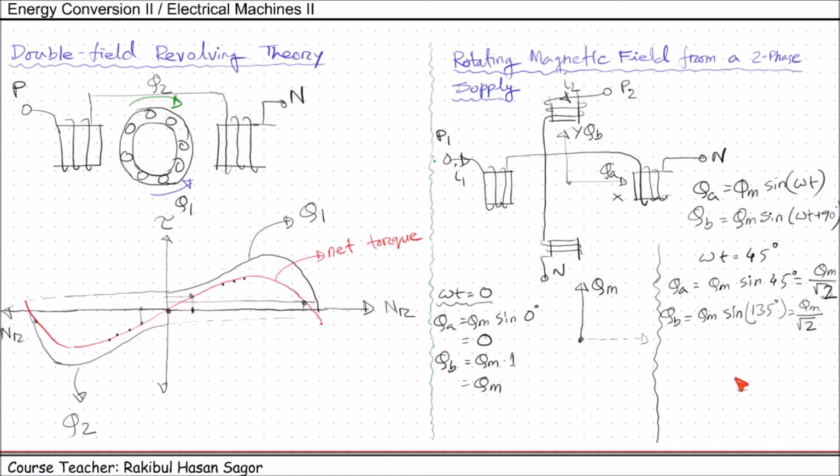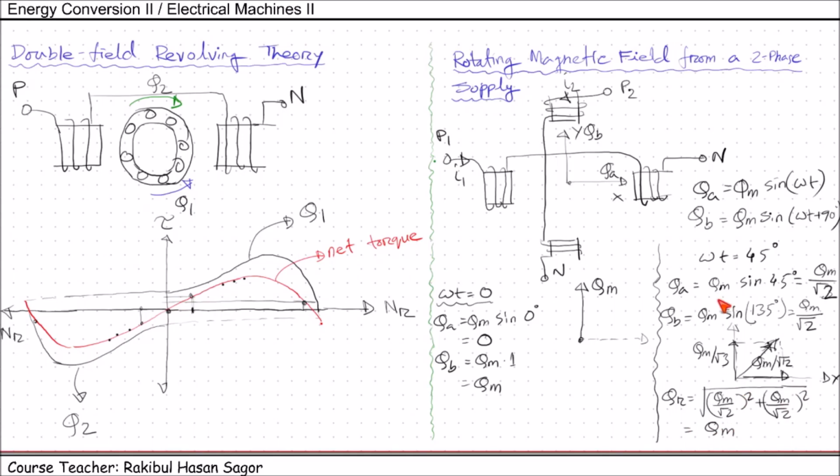If we plot this, in the x-axis direction we have phi m by root 2, and in the y-axis direction we have another phi m by root 2. The resultant magnetic field will be in this direction, the summation of these two. So the resultant magnetic field phi R equals the square root of (phi m by root 2) squared plus (phi m by root 2) squared. That returns phi m.